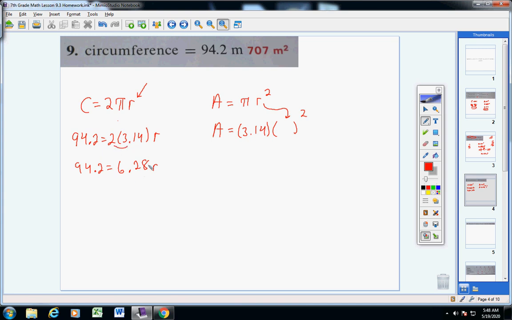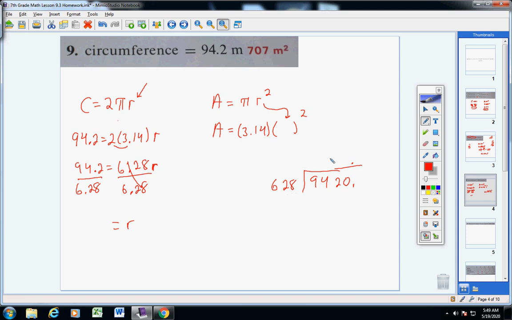Multiply these two together, and now simply divide both sides by 6.28, and let's see what we get. 94.2 divided by 6.28. Take this decimal here, move it 2 places. Take this decimal here, move it 2 places. So we have to add a 0, and let's see what we get.